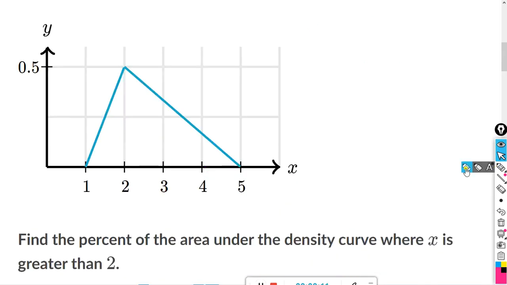Okay, find the percent area under the density curve where x is greater than 2. All right, so the whole area is 1. If we go to the 2 right here, we'll draw in a height. That's going to be the height h. And we're looking at greater than 2, so it's everything that's this way. Okay, so it's this triangle here on the right-hand side.